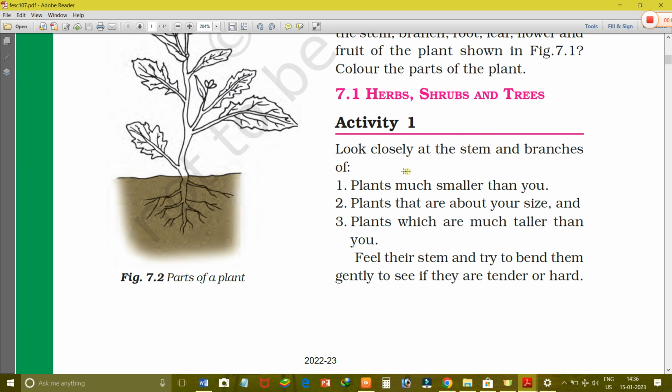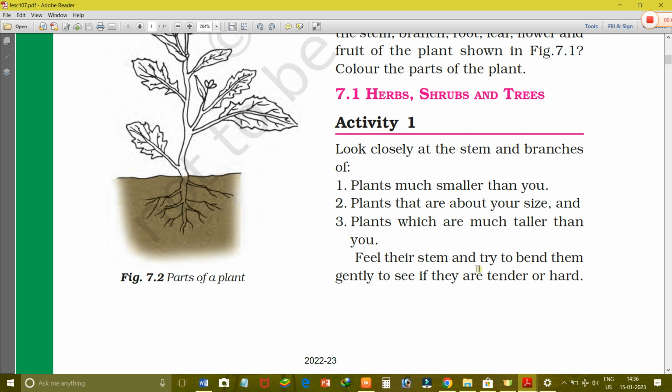Look closely at the stem and branches of first a plant much smaller than you, plants that are about your size, and plants which are much taller than you.